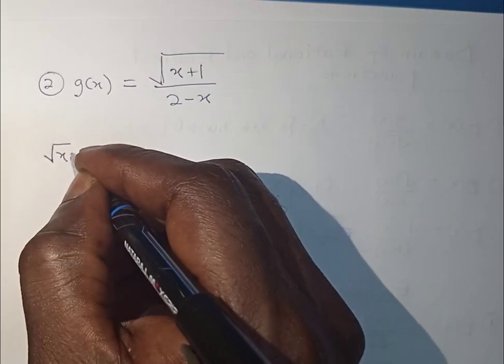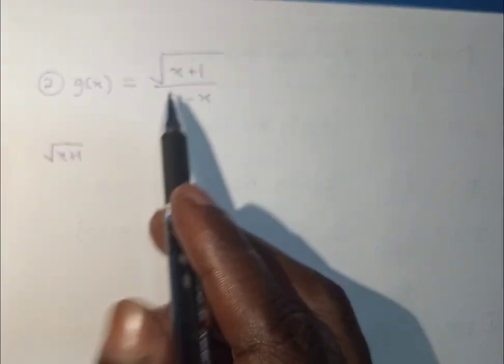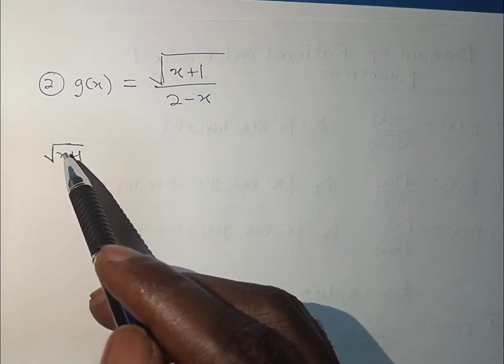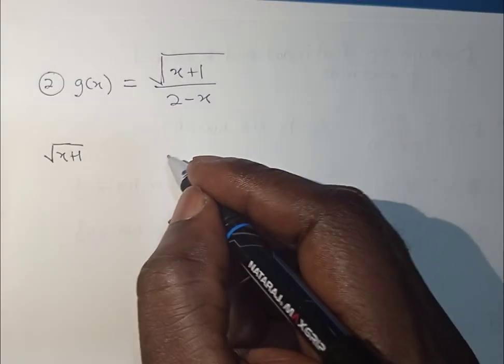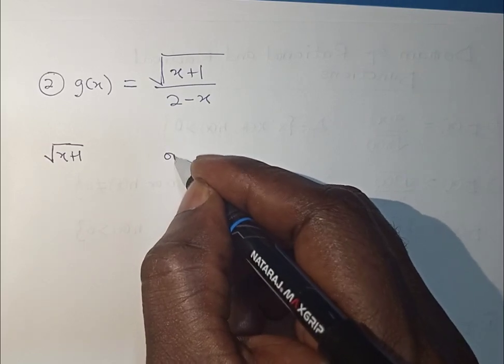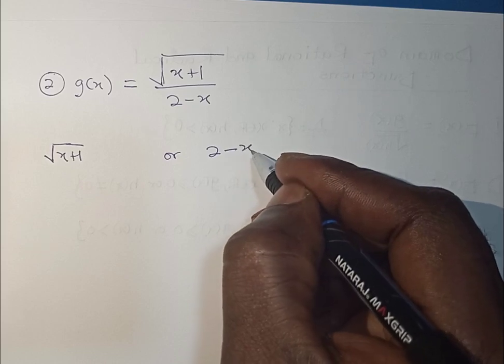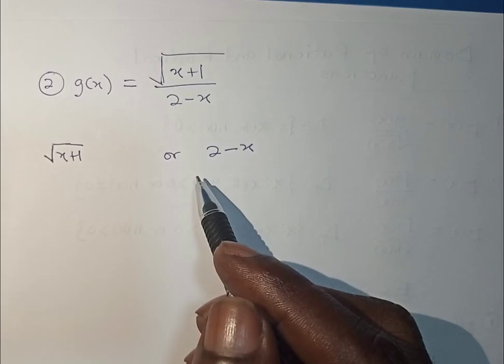So we have this plus 1. If we are doing this, then we treat this as a radical function, and you know how we do that. We are also going to treat this as a rational function.